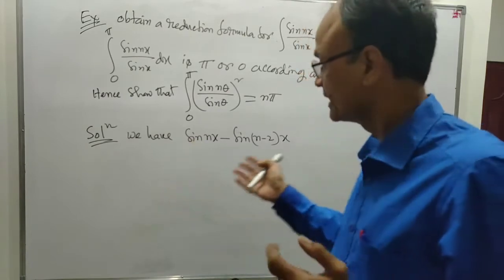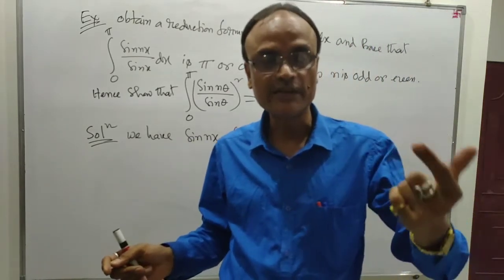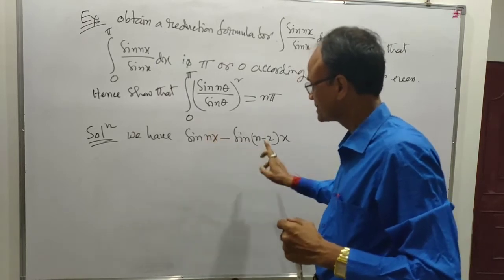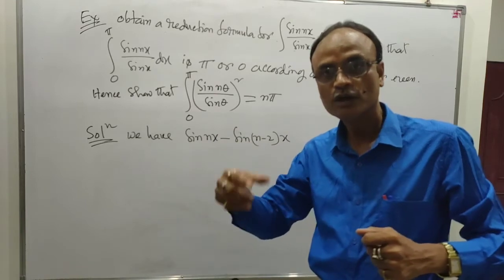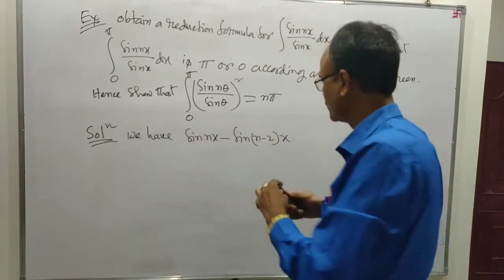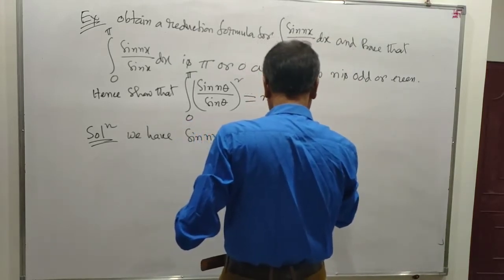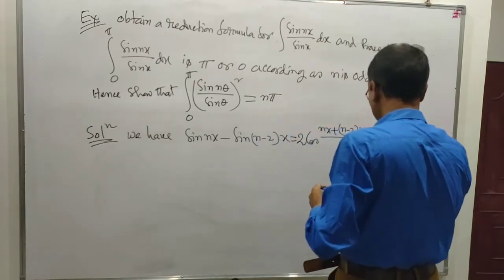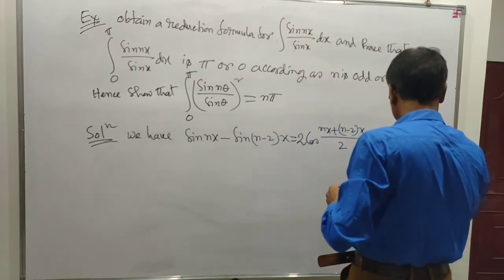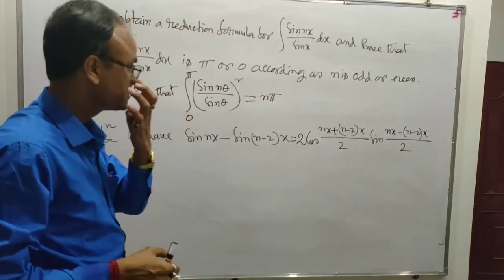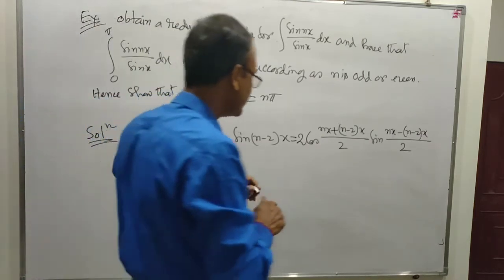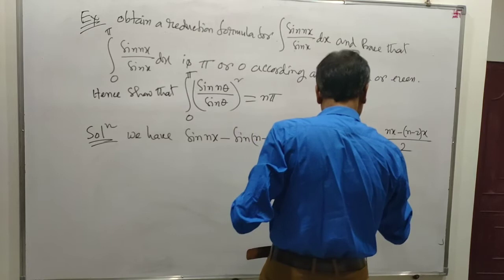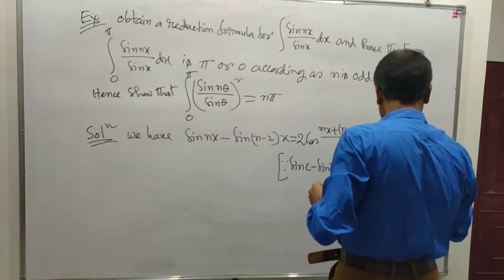sin nx minus sin (n minus 2)x. At the class 11 level, you learned that sin c minus sin d is equal to twice cos of (c plus d) by 2 into sin of (c minus d) by 2.